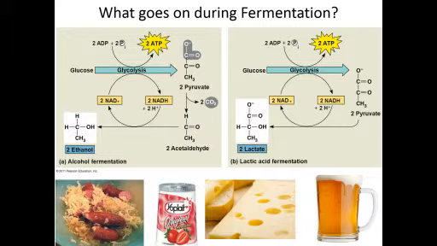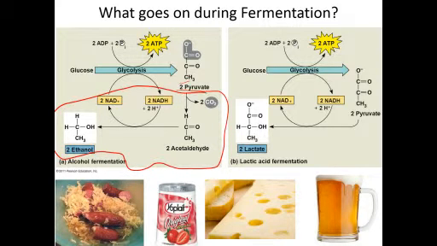This is the fermentation process. You decarboxylate pyruvate first. You're left with acetaldehyde. Acetaldehyde is converted into ethanol.